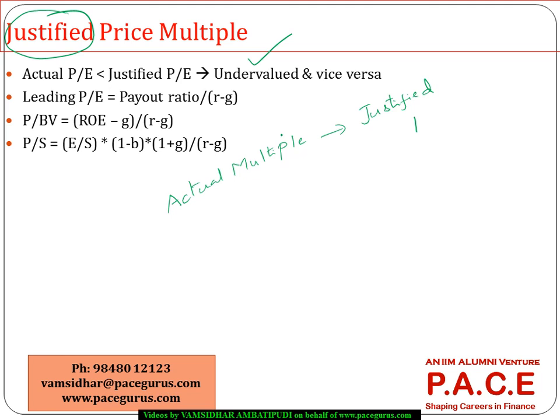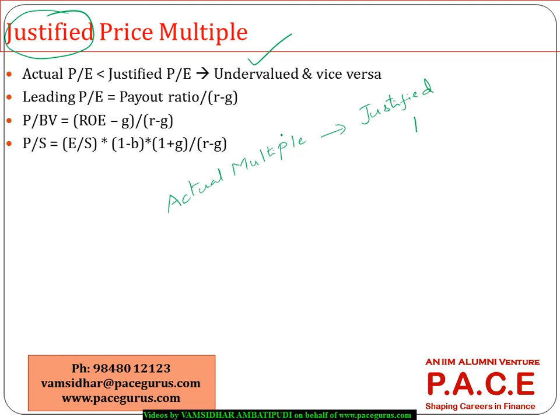Especially using the fundamentals. Justified values using the comparables are quite easy, because I just need to select a few competing companies, do some arithmetic on those numbers, and I can arrive at a justified value of those multiples.